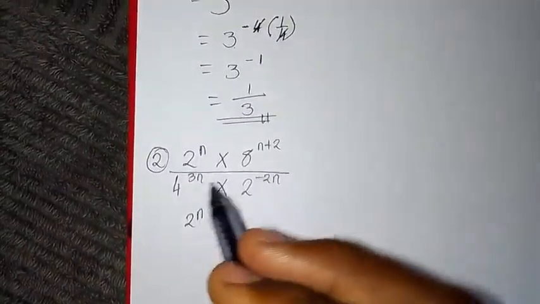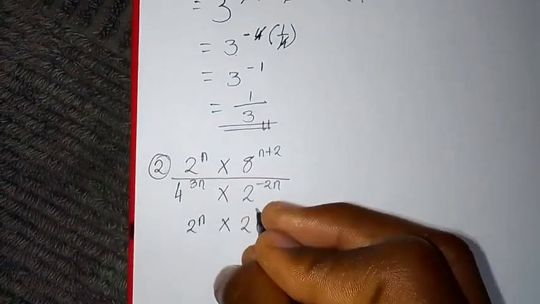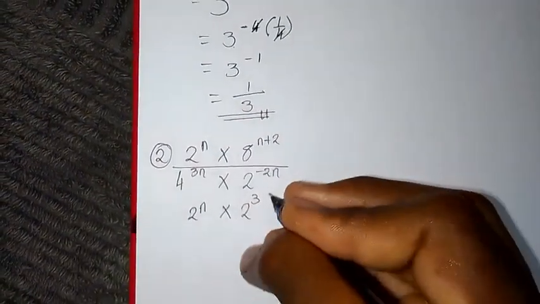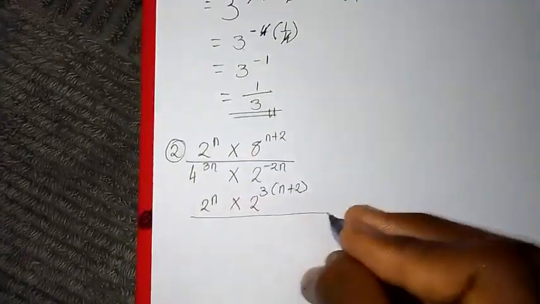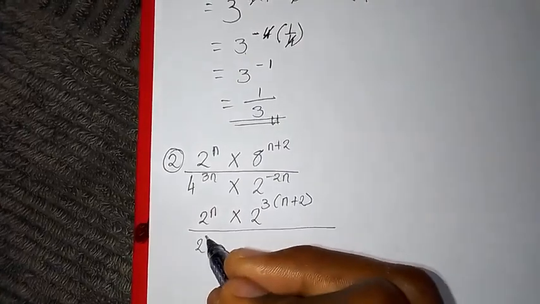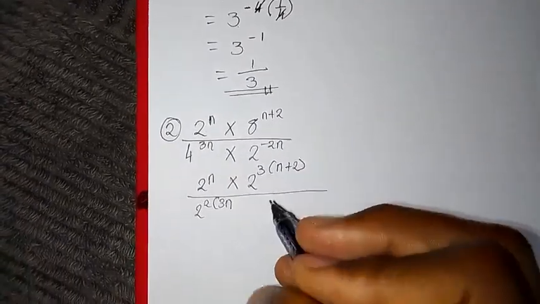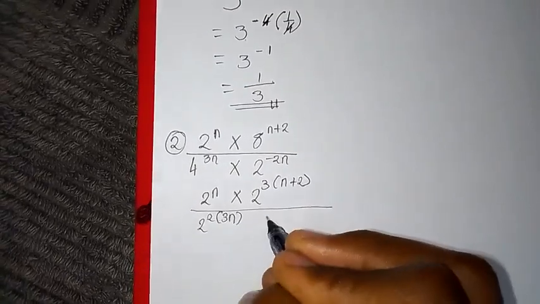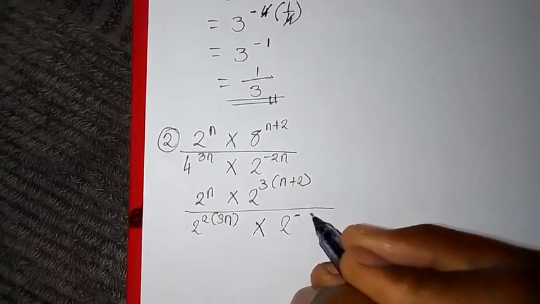So here we're going to reduce them to 2. So 2 power 3 is 8. So 8 power n plus 2 over 2 power 2 multiplied by 8 power 3n times 2 power negative 2n.